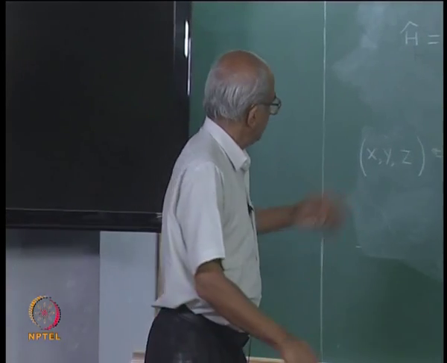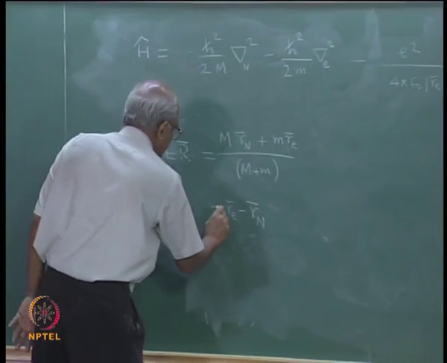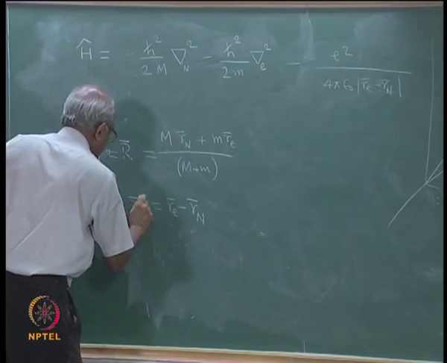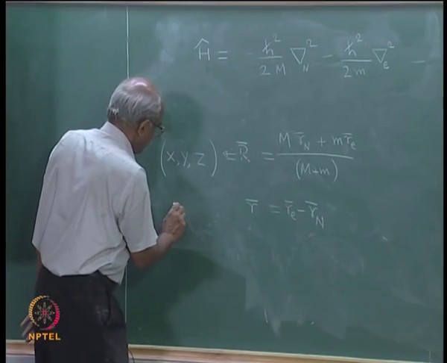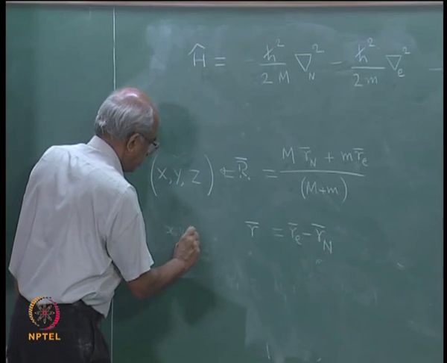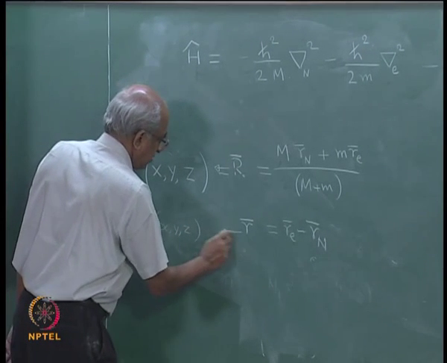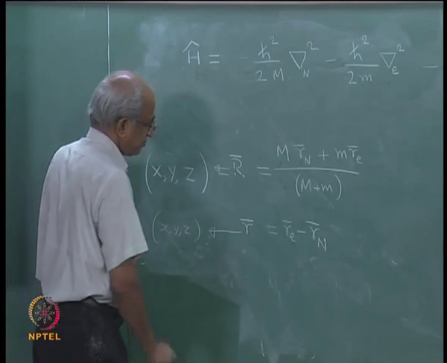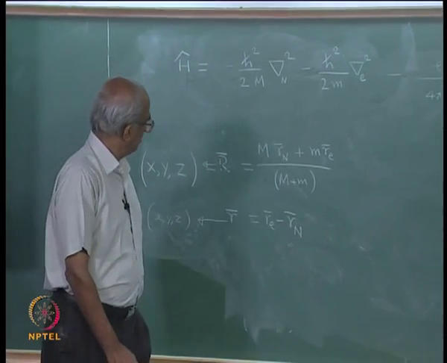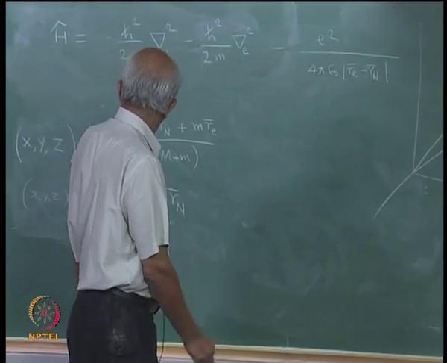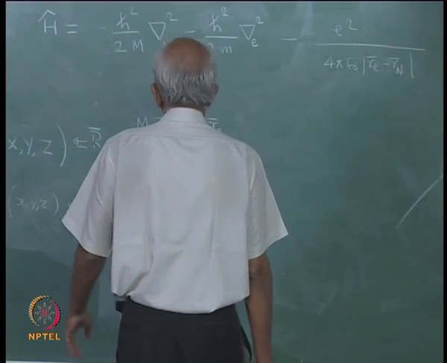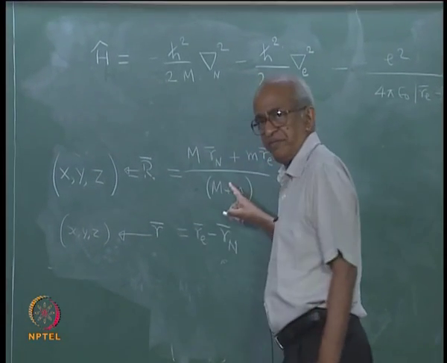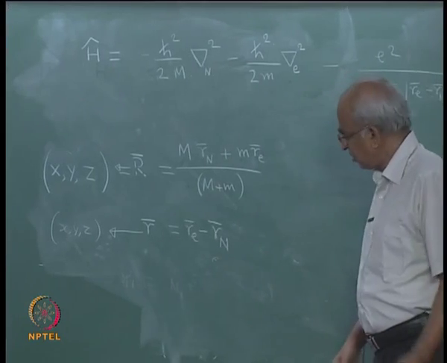So, therefore, this is my new coordinate which I will denote by the symbol small r, and the components of that vector I will denote as x, y, and z. These are the components. Okay.